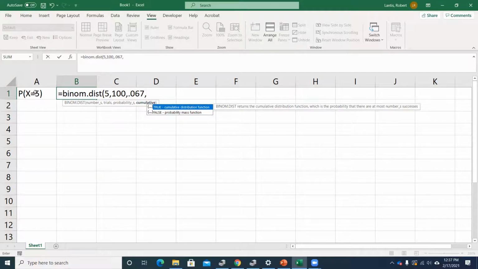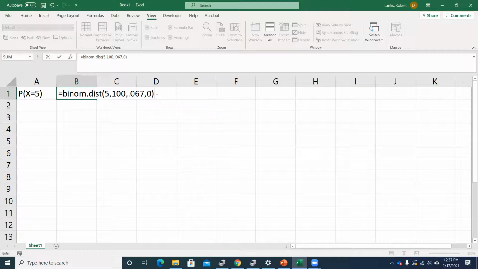Well, here I want the probability that exactly 5 are millionaires, so no, I don't want it to be cumulative. It usually says to put in true, false here. The way I always do this, because it's easier for me, is 1 is true, 0 is false. So 0 here would mean don't make it cumulative, right? I just want the probability x is equal to 5.